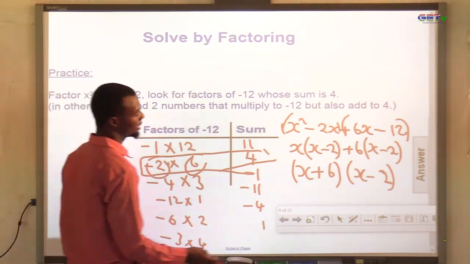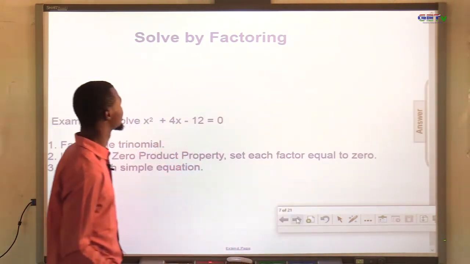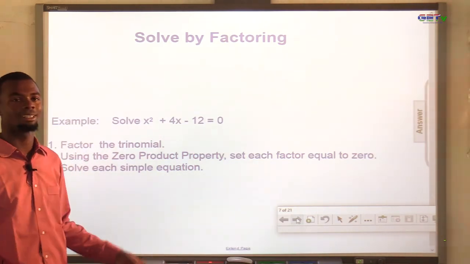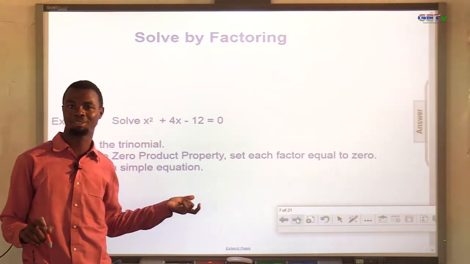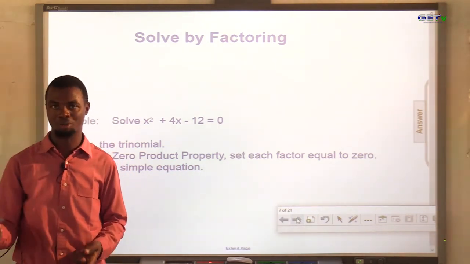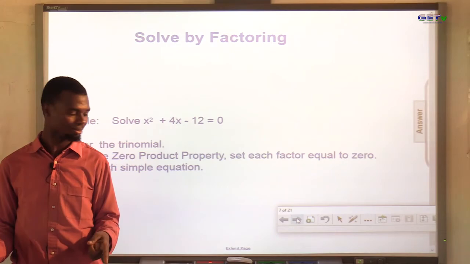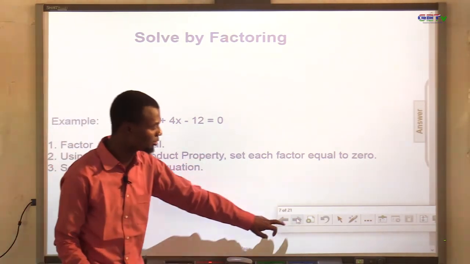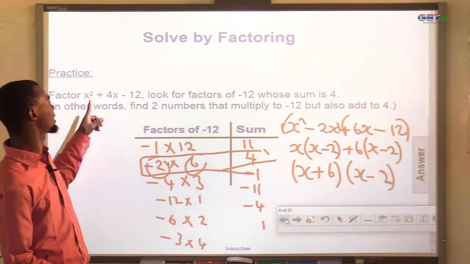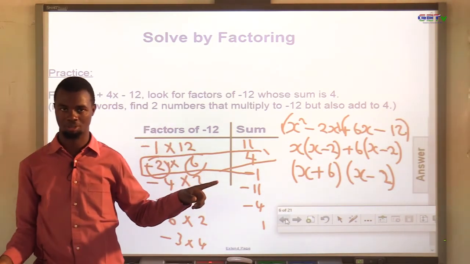Now we go to the next one. Solve by factoring. The difference between this one, which is an equation, and the other one we were solving, which was an expression, is that here we have an equals to sign, and previously there is no equals to sign. It's just an expression.